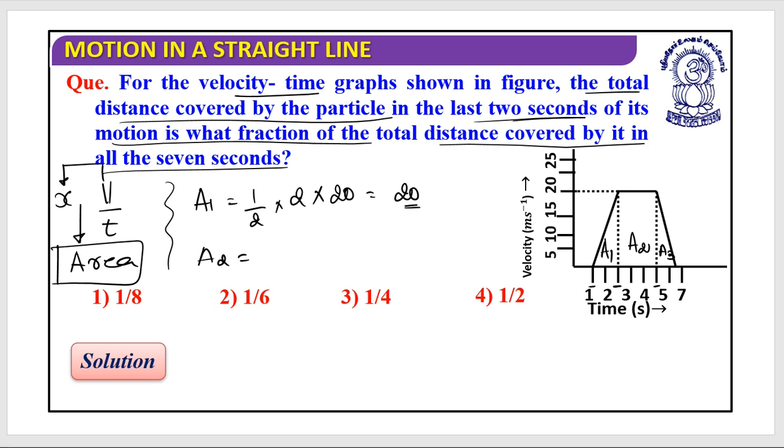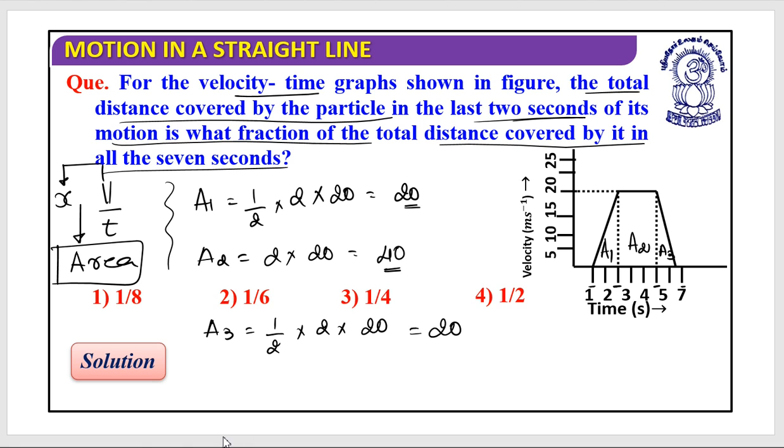So the base is 2 and the height is 20. So 2 into 20, it would be 40. And last but not least, area 3. They started with 5, ended with 7. So 1 by 2 multiplied by 2 multiplied by height 20. So this would be 20.